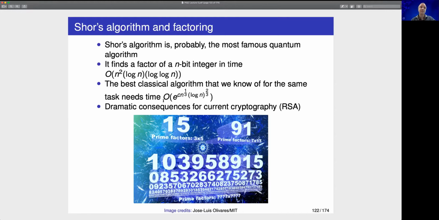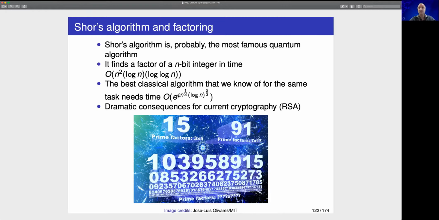Whereas the best classical algorithm that we have today has a complexity that grows almost exponentially with the number of bits. Okay, it's not completely exponential. It's like the order of an exponential of a root of the number of digits, but this grows much faster than any polynomial.